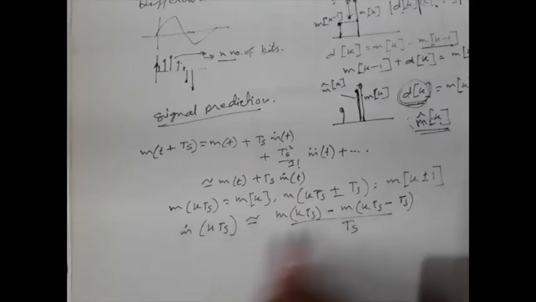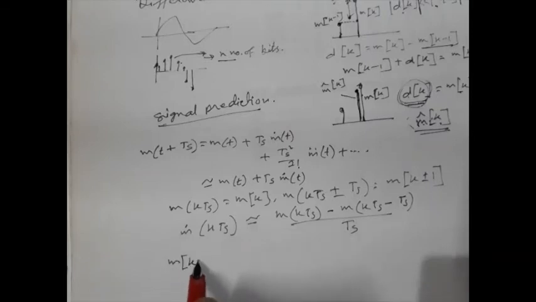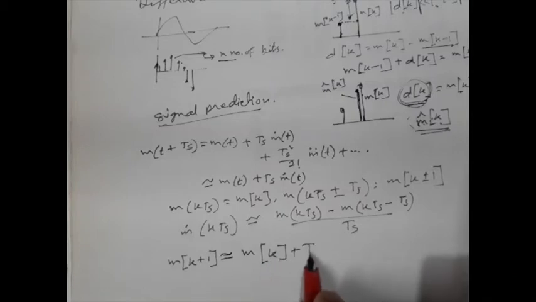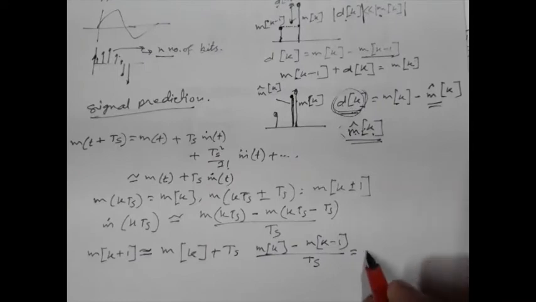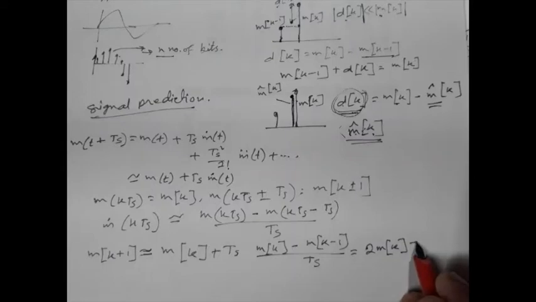So using these notations, we can write the approximate value of the Taylor series, m[k+1], as m[k] plus Ts into (m[k] minus m[k-1]) divided by Ts, that is equal to 2 m[k] minus m[k-1].